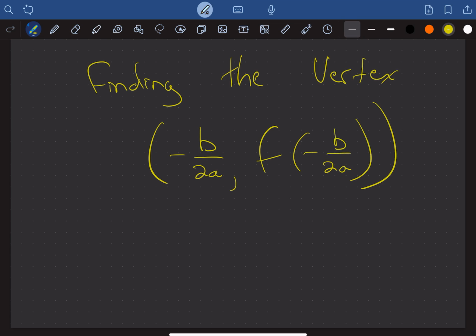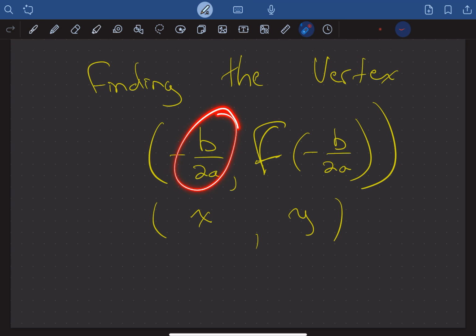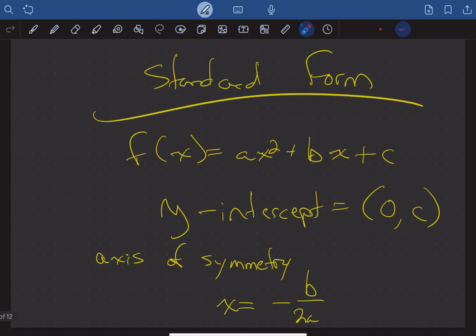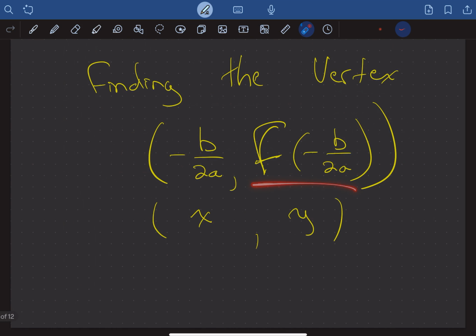If you look at this closely, this is really an xy pair that we will find as the vertex. But in the standard form, it's not exactly written how we would like it to be. So it's a little more truncated and complicated than it looks. But if I find the value for -b/2a, the axis of symmetry, then I can plug that into the function and get out my value, which would be the y.